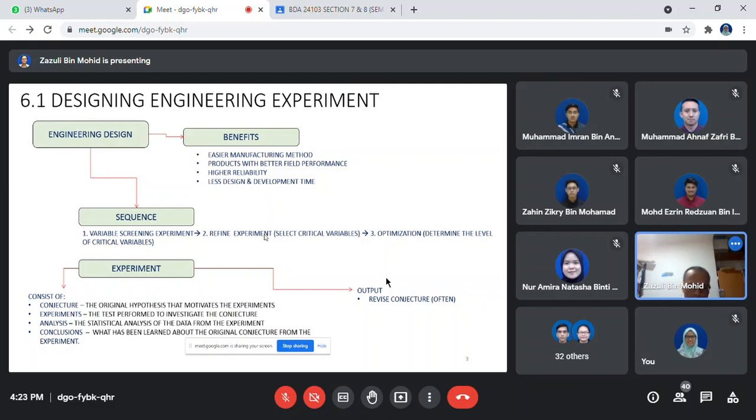Okay, in the experiment we have a hypothesis, and from the hypothesis we can have our objective, and then we can conduct our experiment, perform analysis, and then we have a conclusion which might lead to another hypothesis.